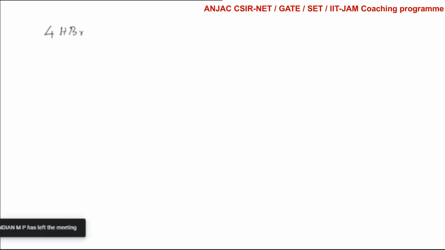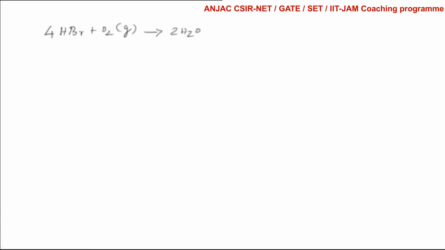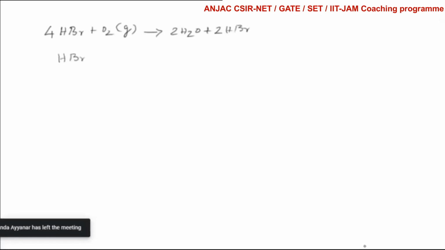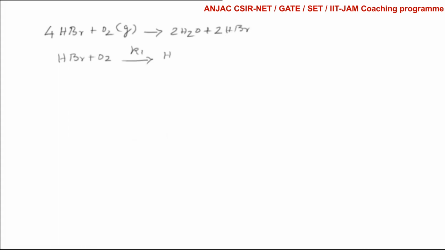4HBr plus O2 gas giving 2H2O plus 2Br2. Given the steps: HBr plus O2, with rate constant k1, gives HOOBr.